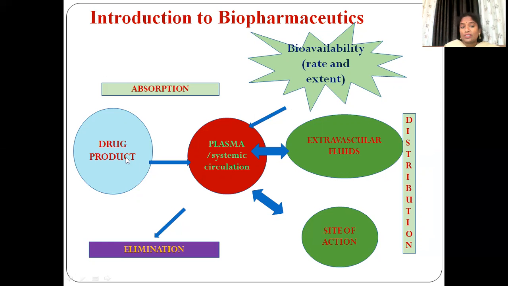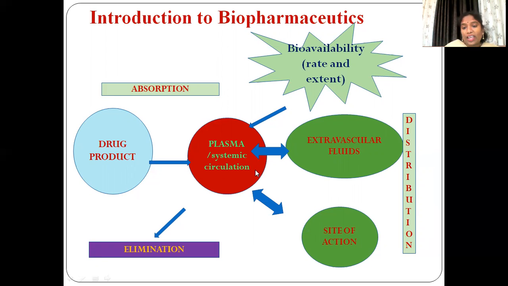After administering a drug, it should reach the plasma and the site of action, and only when it binds to the receptor will it show the pharmacology. After completion of the action, it should return to the systemic circulation for elimination of the drug.